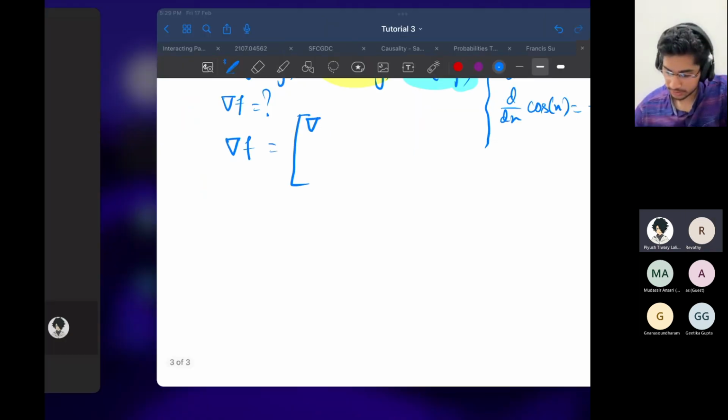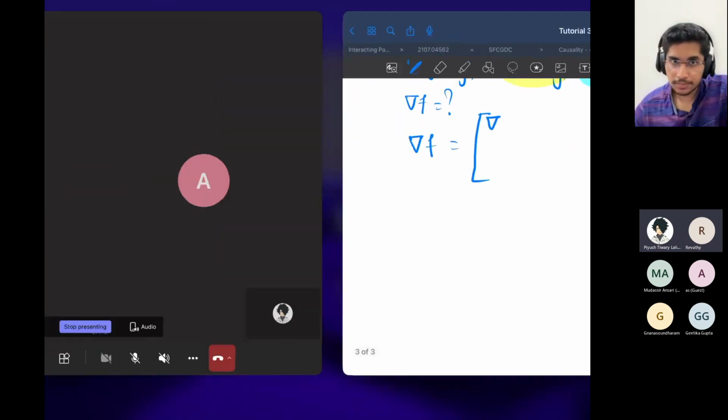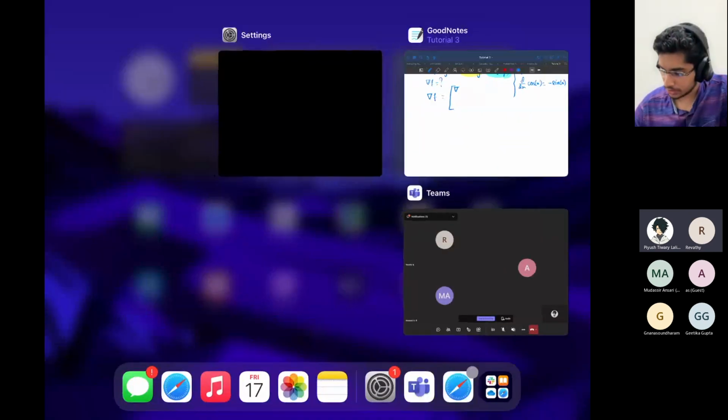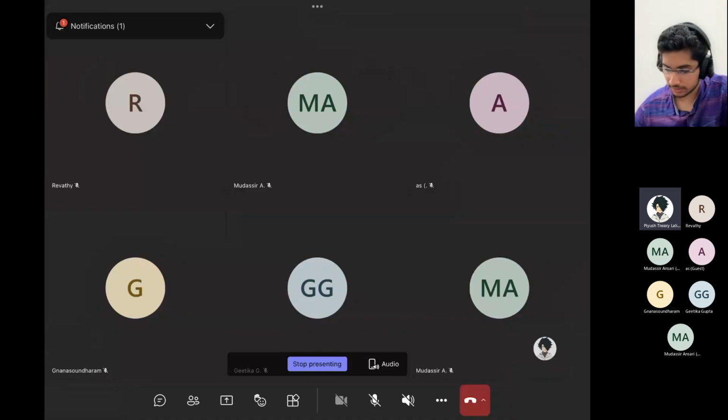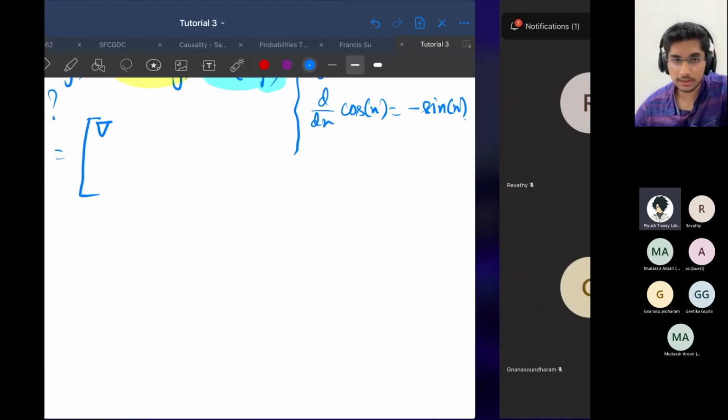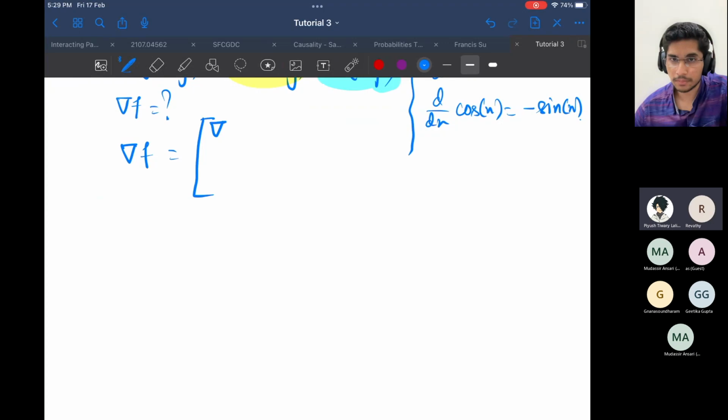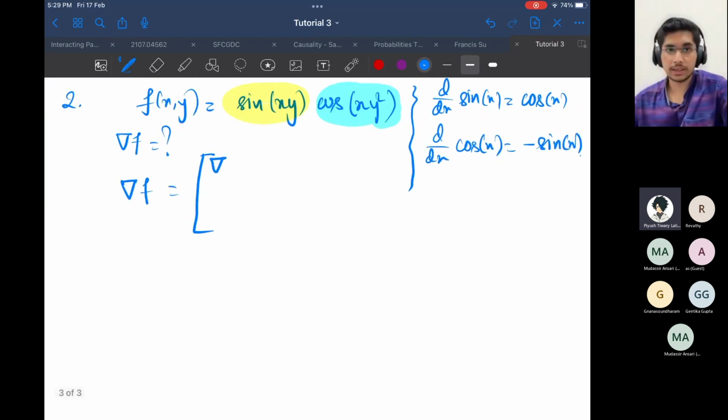It's not visible to me. Okay, let me stop and reshare again. Let me know if you can see now. Is my screen visible now? Yes, it is visible now. Okay, fine. It seems to be a recurring problem. I don't know why it is happening, but nonetheless, we will continue.